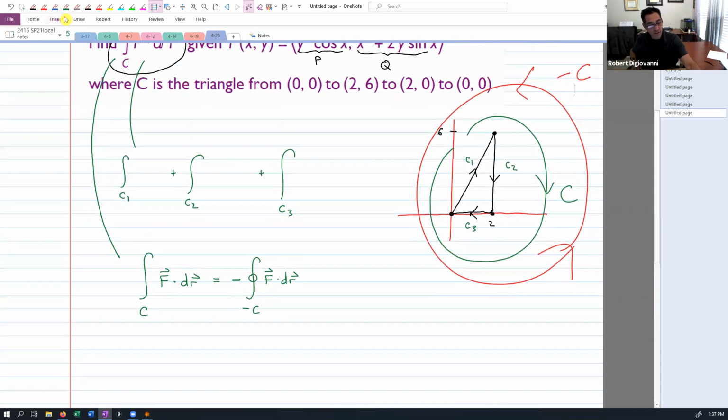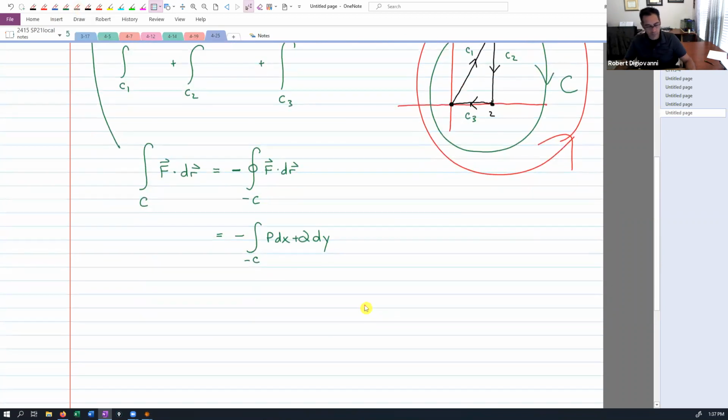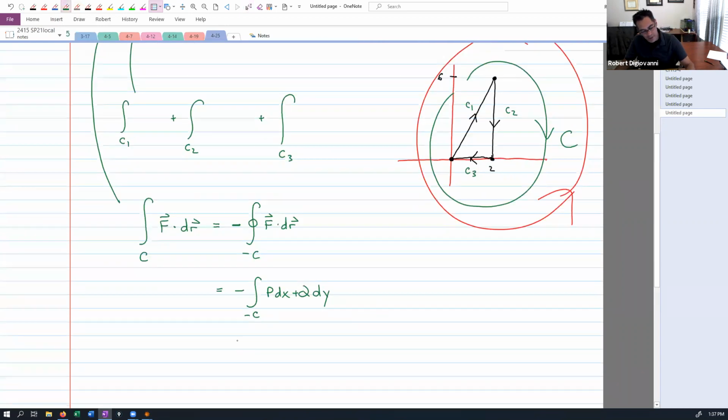All right, so that means I can use Green's theorem. So this becomes negative integral over negative C of P dx plus Q dy. But that equals, by Green's theorem, negative double integral over D of partial Q with respect to x minus partial P with respect to y dA.